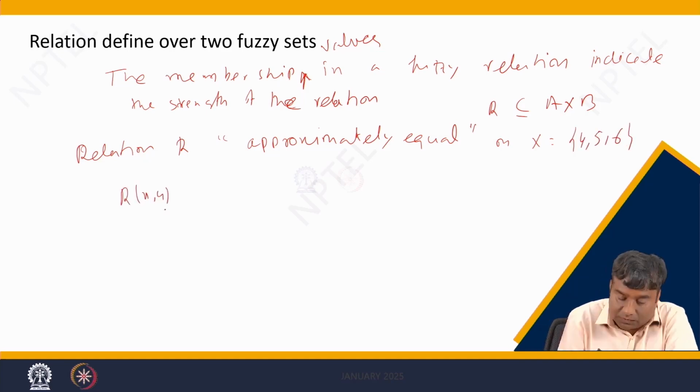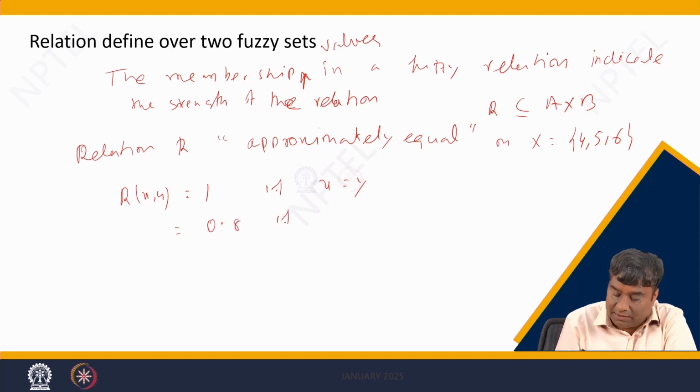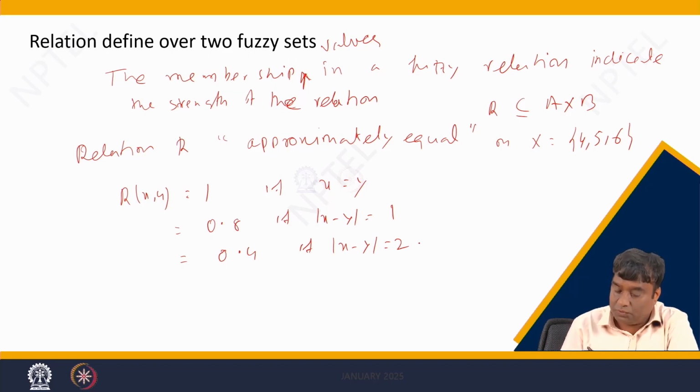So we are defining the membership as 1 if x equals y, 0.8 if the modulus of x minus y equals 1, and 0.4 if the modulus of x minus y equals 2. So 4, 5, 6.